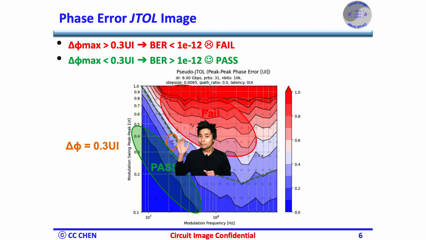Instead of passing or failing the required bit error rate in the jitter tolerance, the phase error is marked in the phase error jitter tolerance image. In addition, as we mentioned, if we take the phase error equals 0.3 UI as a criterion, the 0.3 line could be the boundary between passing or failing the bit error rate of 1e-12.